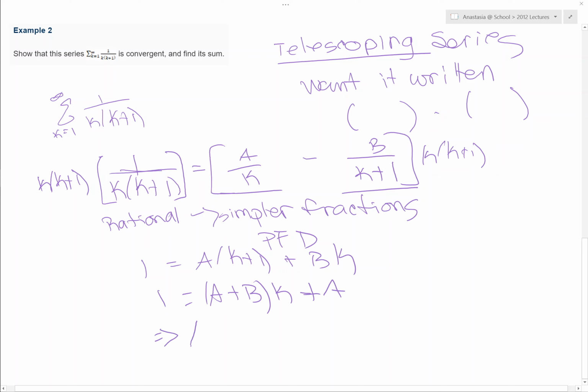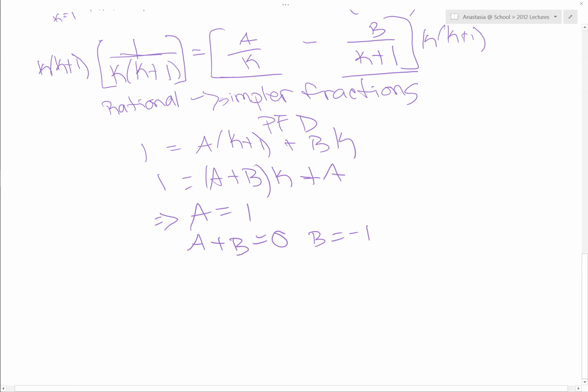So this is going to mean that a is equal to 1 and a plus b is equal to 0. In other words, b is equal to -1. So this means that 1 over k times k plus 1 is equal to a over k, 1 over k minus 1 over k plus 1.